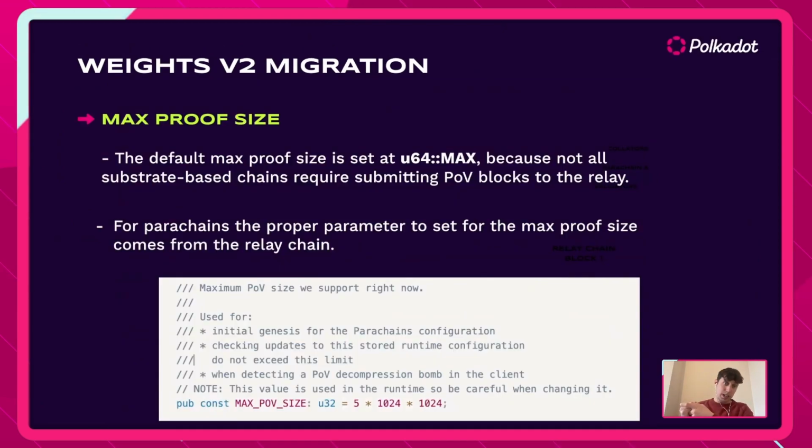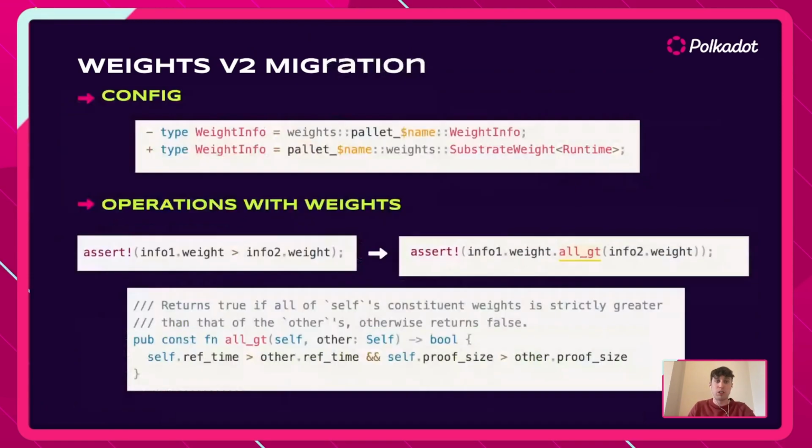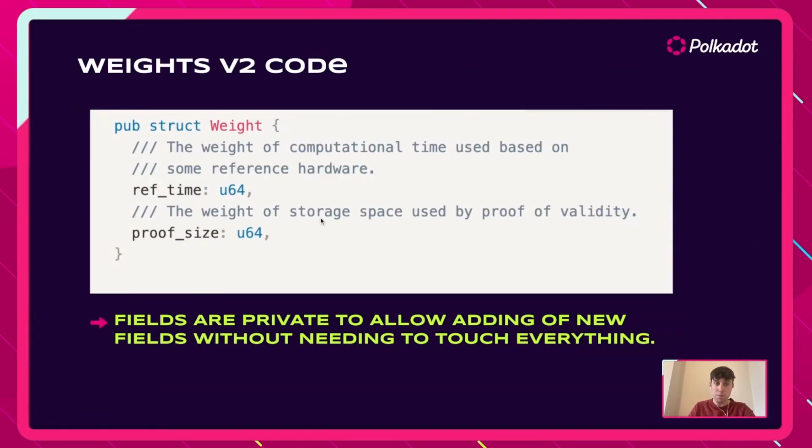What is the max proof size? The max proof size for this weight, for the solo chain, so for the Substrate-based chains that don't require submitting proof of validation blocks to the relay chain, is the U64 max. It is U64 max because it is the maximum in this field.